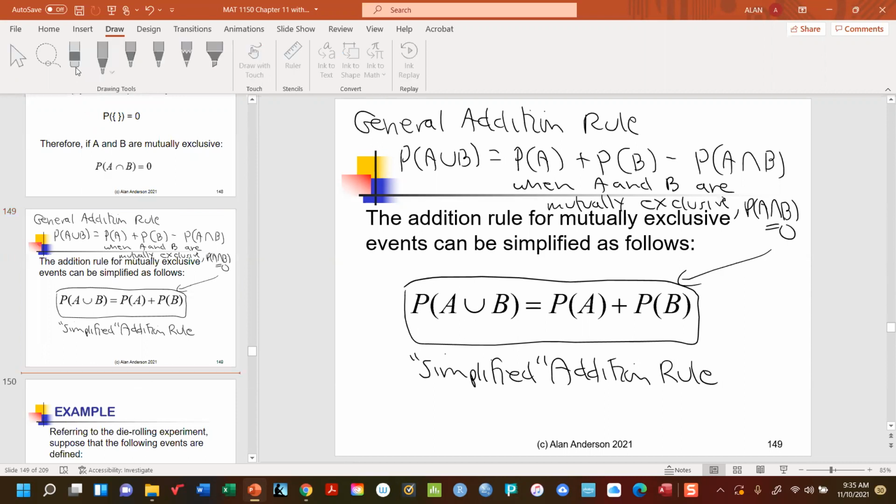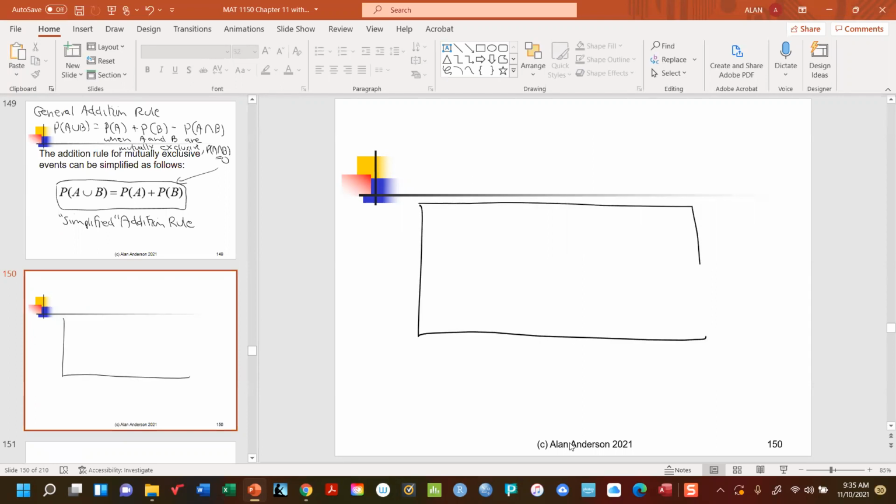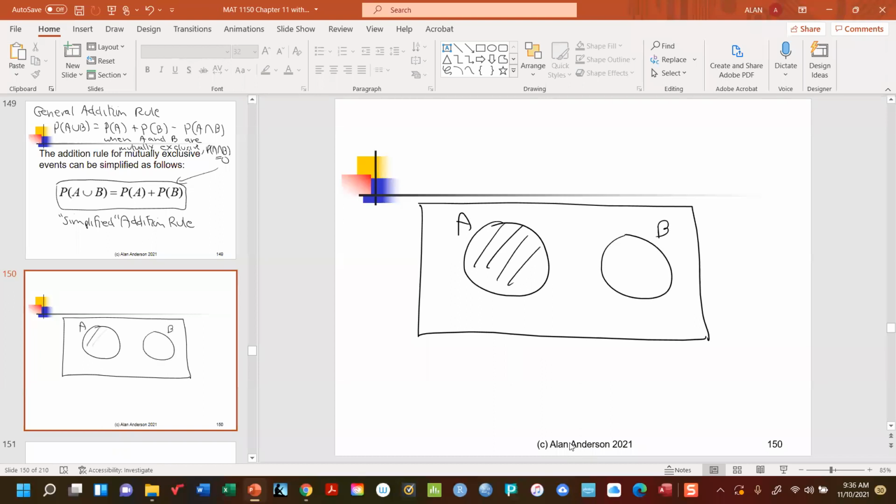And in fact, remember, in using Venn diagrams, if you think of this as regions 1 and 2, it's just 1 plus 2. So there's no need to subtract the intersection because it doesn't exist.